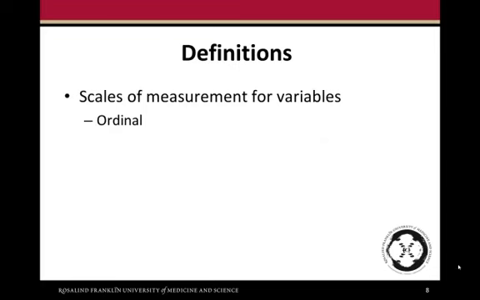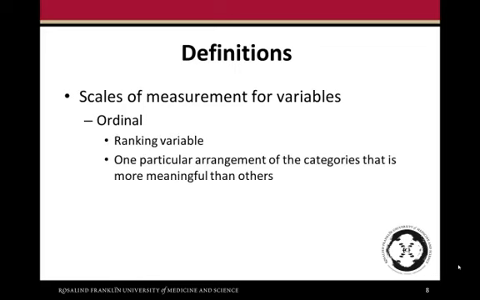A second scale of measurement is ordinal, also known as ranking variables. And there's one particular arrangement of the categories that is more meaningful than the other. So some examples here could be if one was interested in a gradient of color and went from dark to dim to bright to blinding, or if there was a dominance hierarchy or a preference ranking.